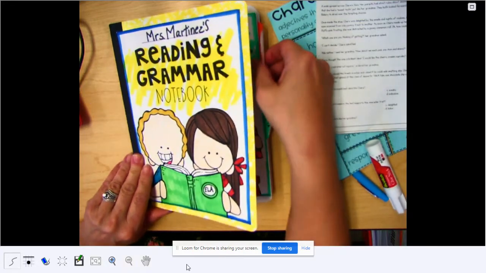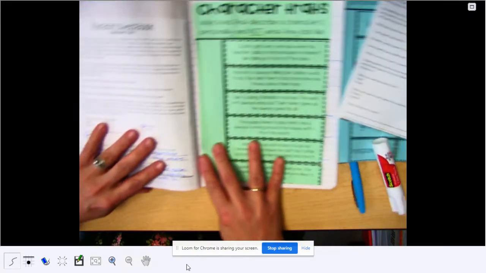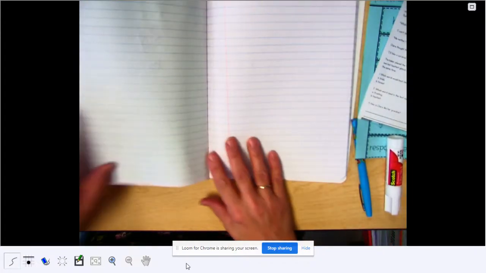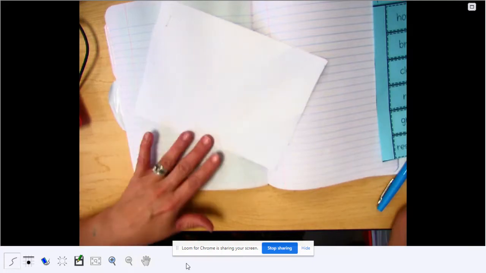All right, we're going to open up reading. We've already done one story and then this page, so let's turn it over and glue in this story.